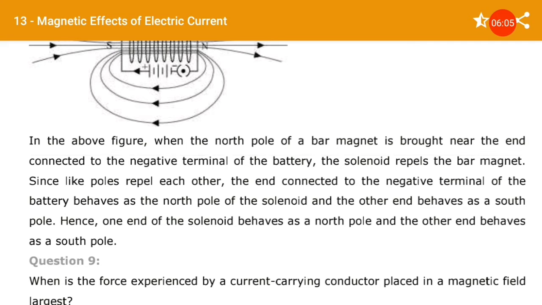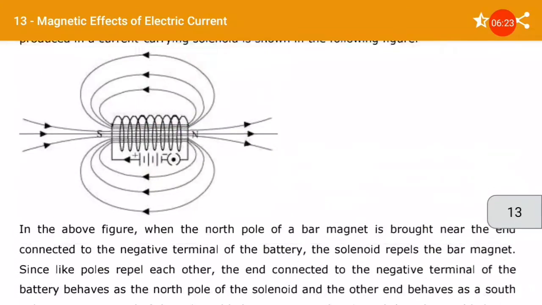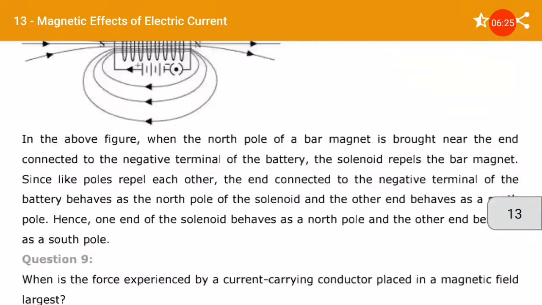Since like poles repel each other, the end connected to the negative terminal of the battery behaves as the north pole of the solenoid and the other behaves as a south pole. Hence one end of the solenoid behaves as a north pole and the other end behaves as a south pole, and that is why the magnetic field is produced.